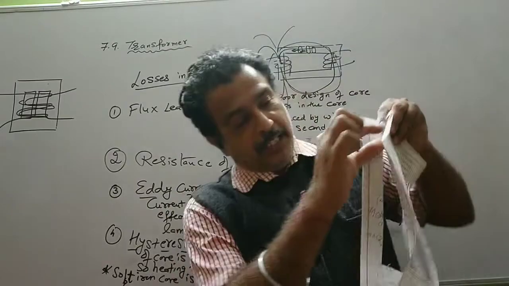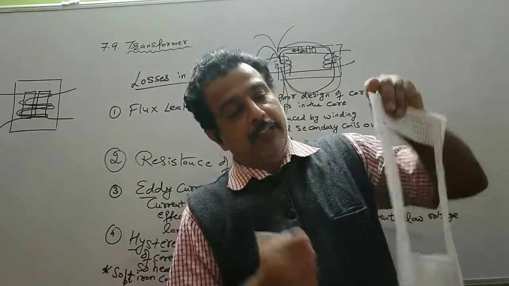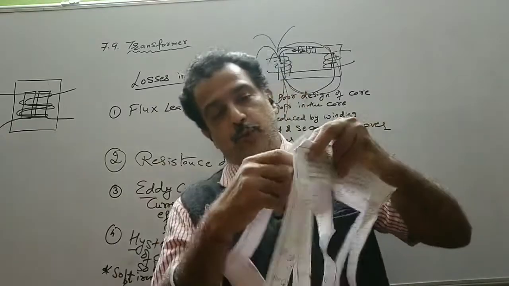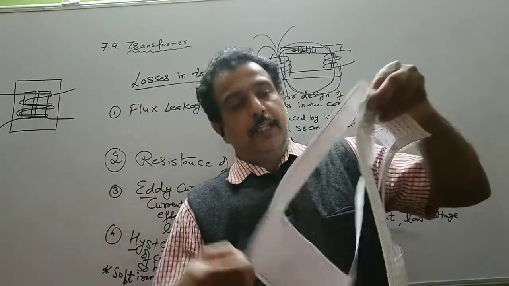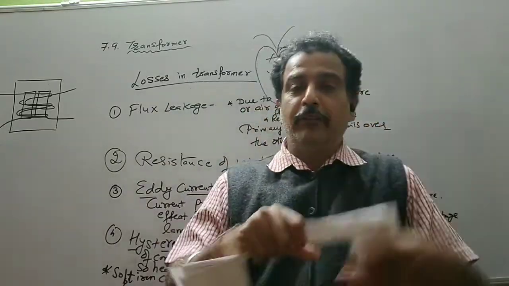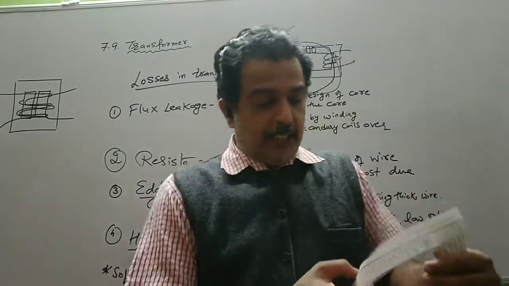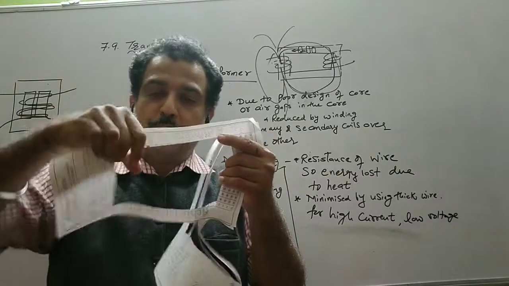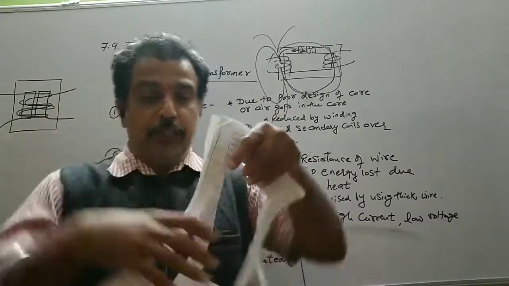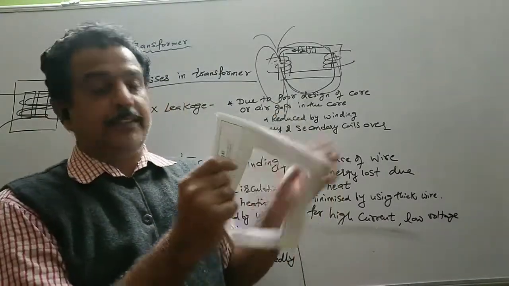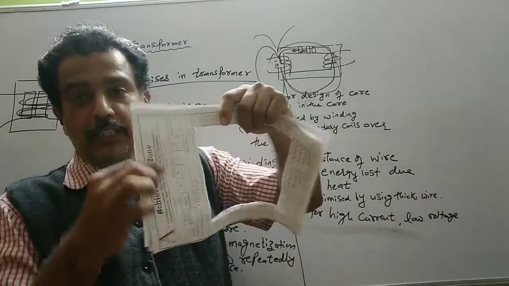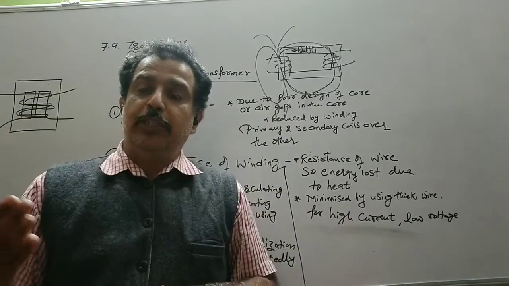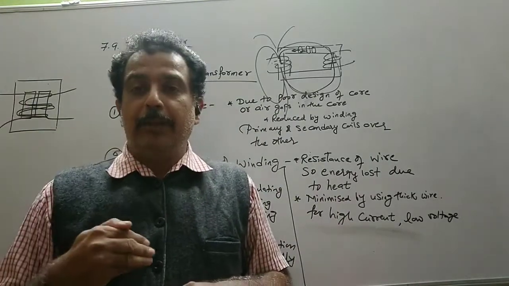So I put a mica sheet here and then I fix up the second soft iron core. Then I put a mica sheet and then I fix up this. Now what will happen? The eddy current of this sheet will be confined to this soft iron core only. Because if we have a thickness, the eddy currents of all the soft iron cores will add up, thereby producing a magnetic field which opposes our magnetic field.